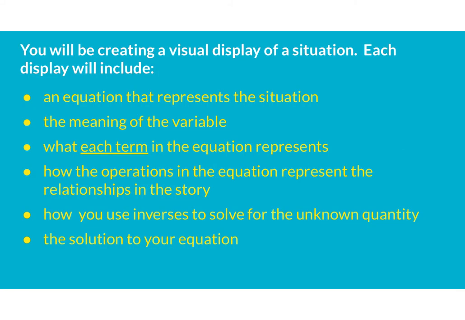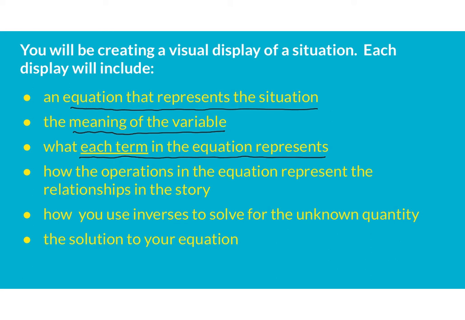Okay, so in your journal problems today, you will also be given a bank of problems and be asked to choose one, and you can either do this by yourself or with a small group, and you'll be creating a visual display of a situation, and each display has to include an equation that you write to represent the situation. You need to be thinking about the meaning of your variable, thinking about what each term in the equation represents. Are you adding? Are you subtracting?